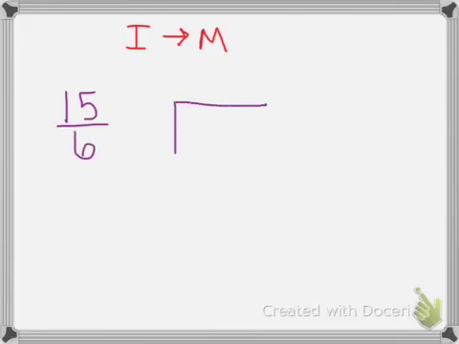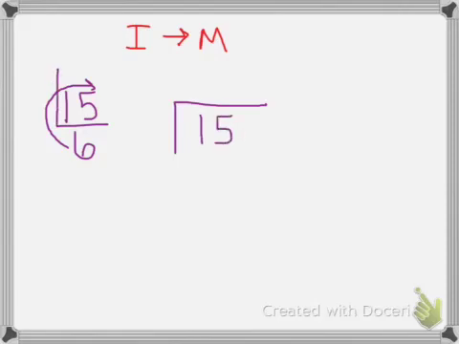Well, now we've got to go from an improper fraction to a mixed number. And all they've got to do when they do this is know their division. So let's say we have 15/6. So I'm going to take a division sign this time. I told the kids what we're doing is we're basically flipping this fraction inside of the division. So this is my division bar.